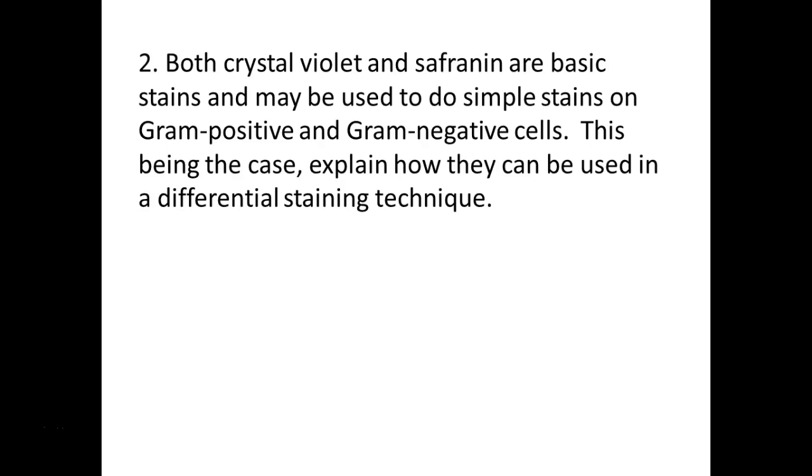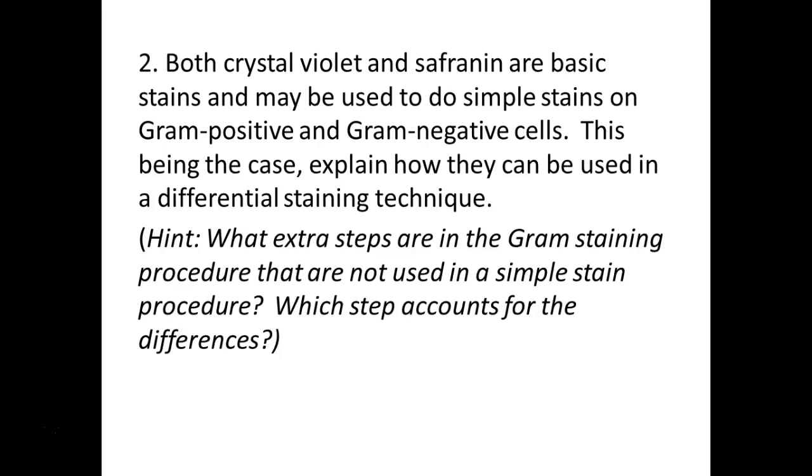Because we're not just simple staining, are we? We're doing crystal violet, iodine, decolorizing, and safranin. That's the key there. That's why this is a differential stain. That's why we end up with two different colors, because we have a decolorization step, right?